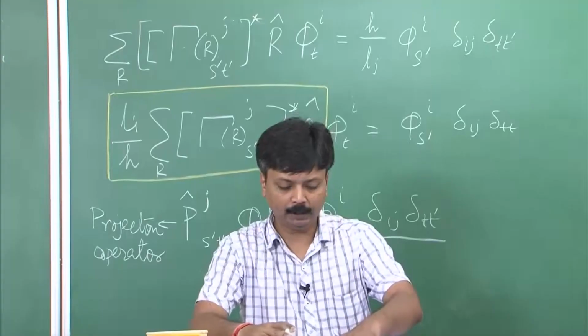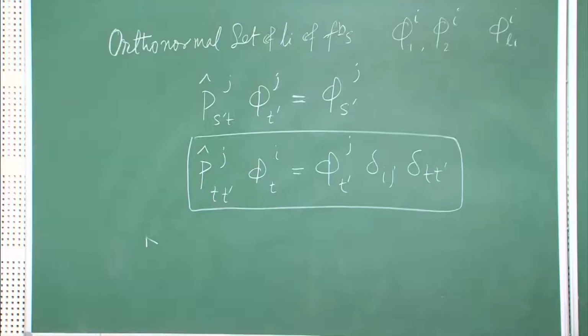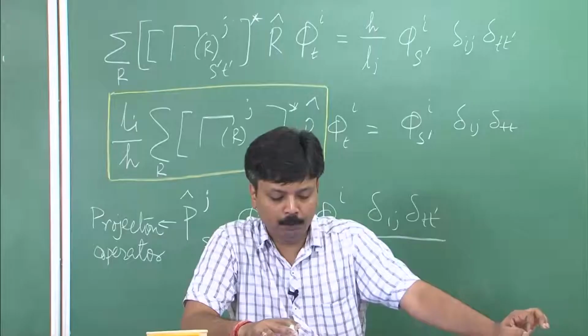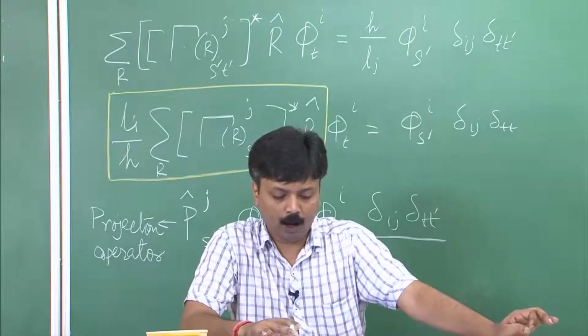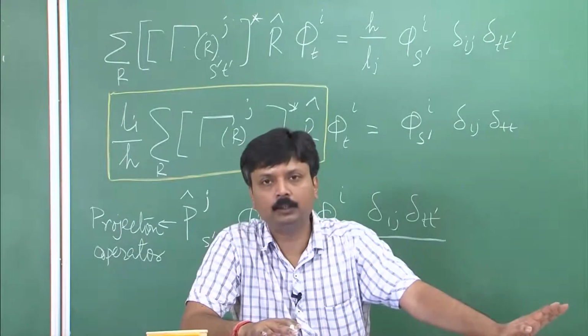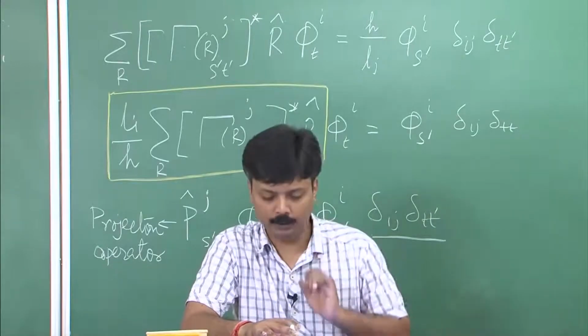It tells me that this P j t t prime, that is the projection operator, will project out phi t prime out of an arbitrary function which is phi t that we started with.